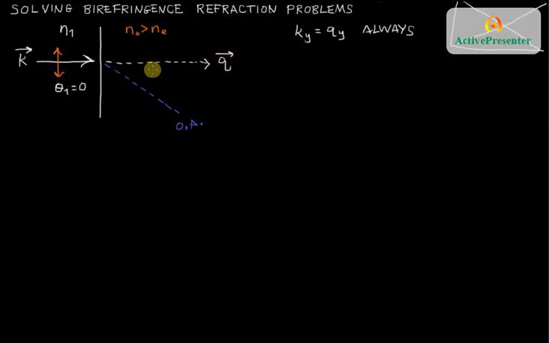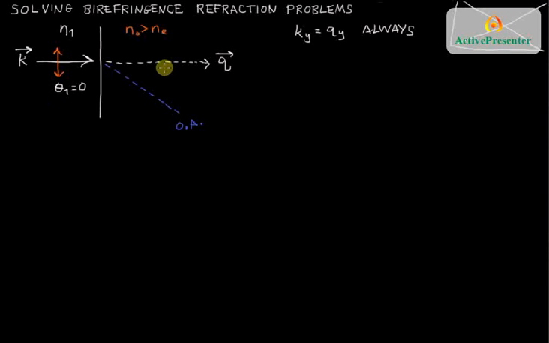And I've written it dashed because that's not the direction that a thin pencil laser-like beam would go. The power won't propagate that way. So I want to remind you that the q vector tells you the wavefront normal direction and also the wavelength, but it does not tell you the direction that the beam goes. I'll draw that in a solid color.